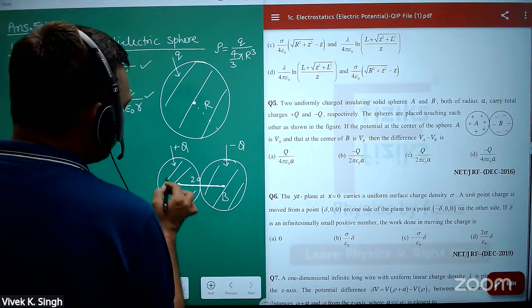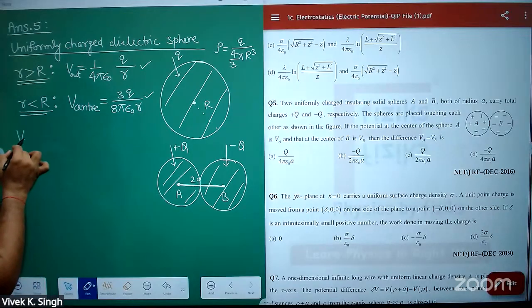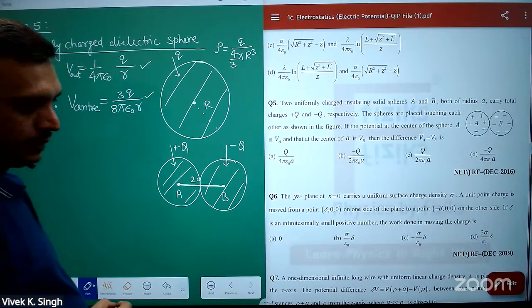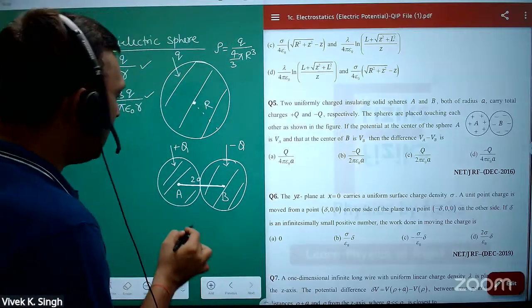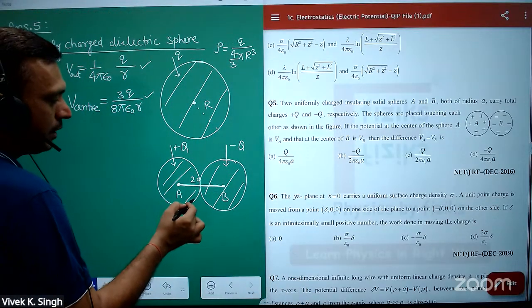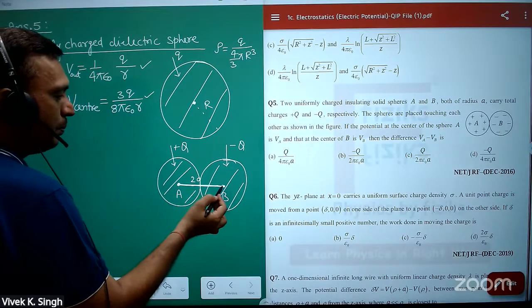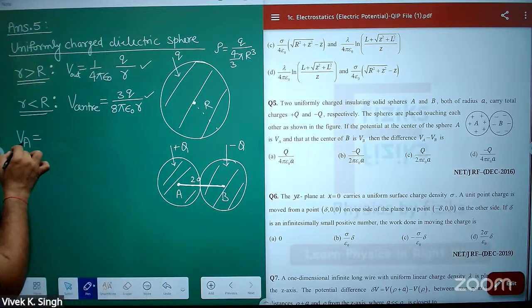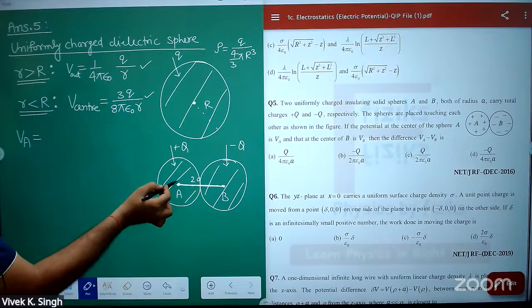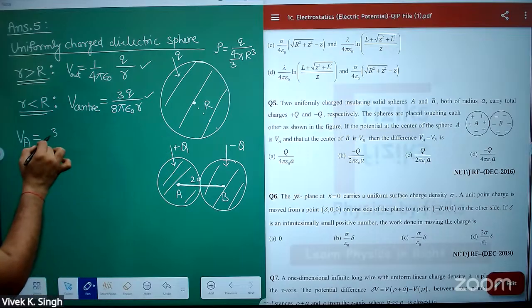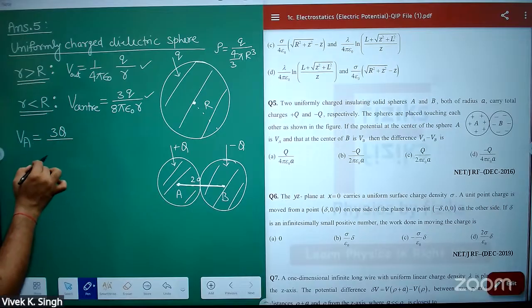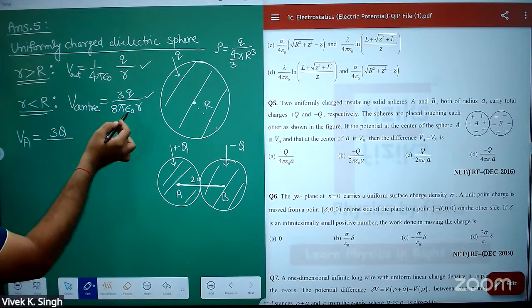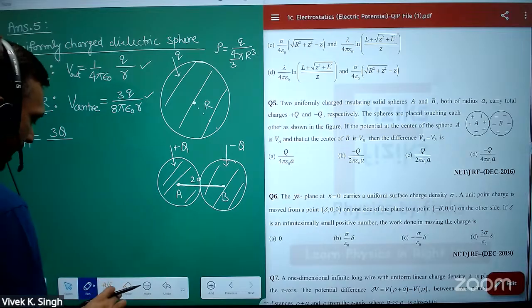So what will be the potential at A? Point A is at the center of this sphere, but also 2a distance away from B. At the center, the potential at A will be given by, this is at the center of plus Q, so this is given by 3Q by 8 pi epsilon 0 times the radius.